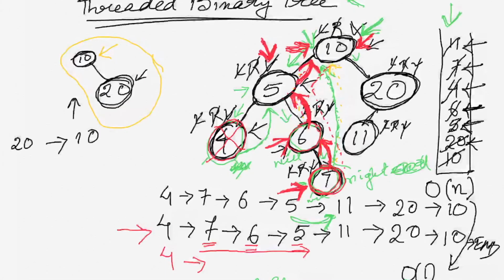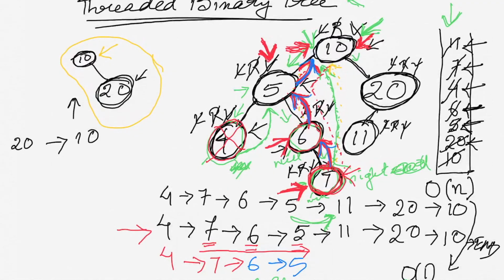But first, starting from 7, we print 7, go to its right child, which is 6. Then we go to its right child, which is 5. Then we go to its right child, and we see that we hit the current node. So we don't do anything there.